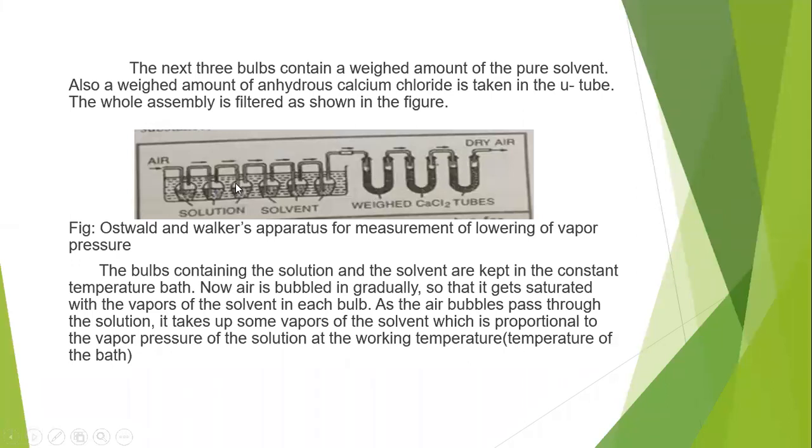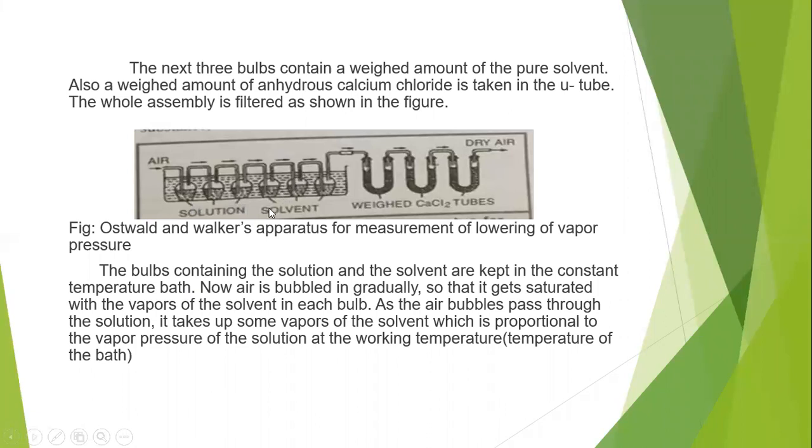So the first three, which contain the solution, have been weighed already, and the next three bulbs contain the solvent, which also has been weighed already, and the third chambers are the U-tubes, containing calcium chloride whose weight is also determined at the start. The bulbs containing the solution and the solvent are kept in a constant temperature bath.